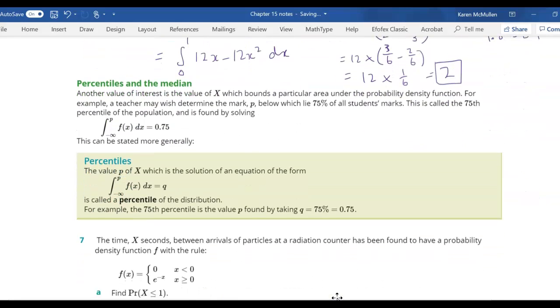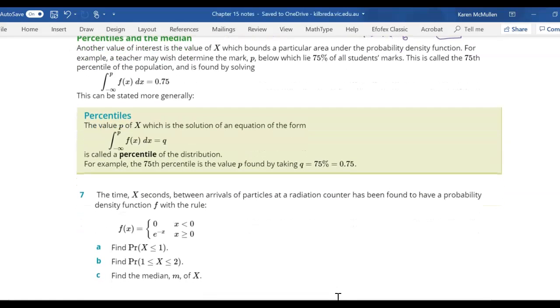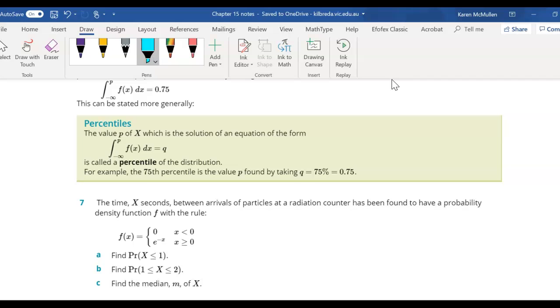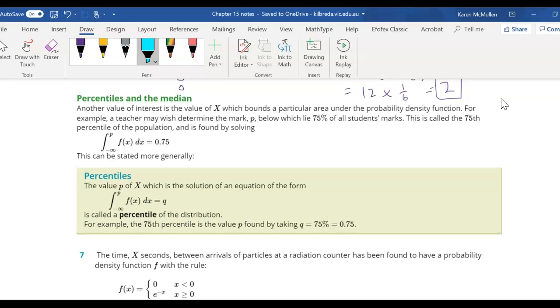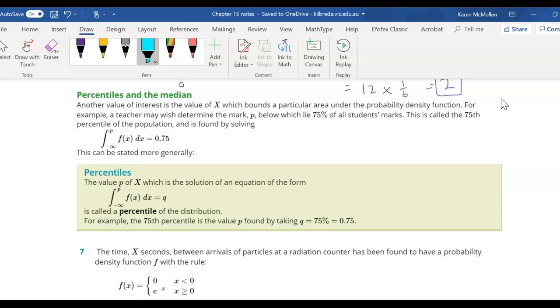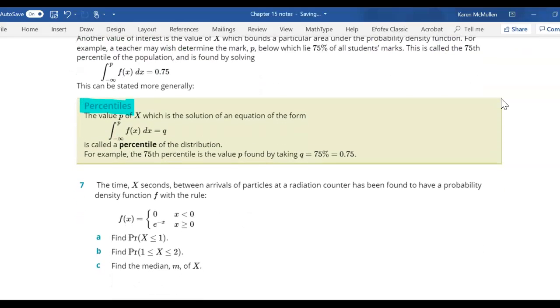All right, next part. Now looking at the median. So it does say percentiles and the median, and they're pretty much doing the same thing. And when I was looking over this before I started this video, I was like, I've kind of jumped around a little bit. So I apologize in advance, because in this part we're looking at percentiles, but then the question below it refers to just the median.